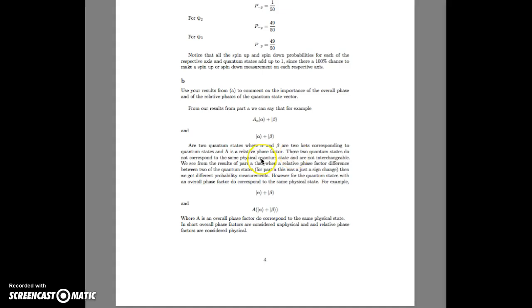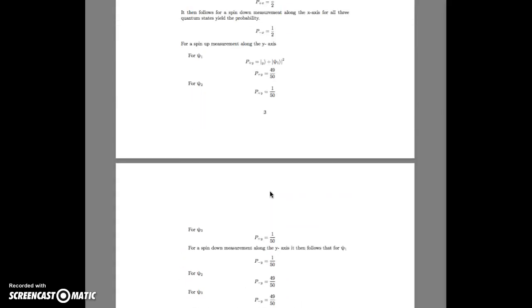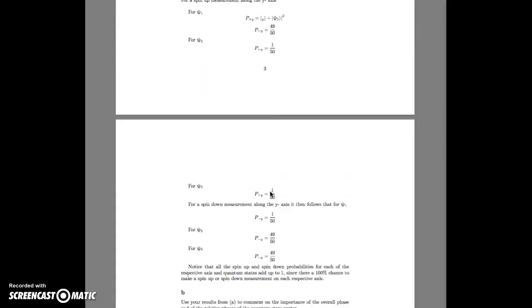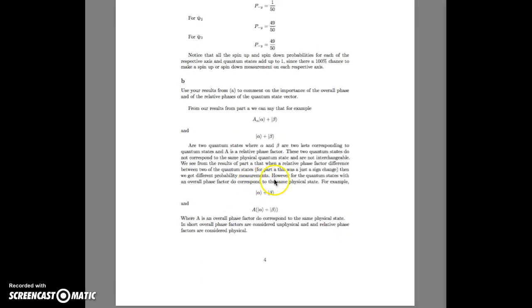These two quantum states do not correspond to the same physical quantum state and are not interchangeable. We see from the results of part A that when there is a relative phase factor difference between the two quantum states, in part A this was just a sign change, then we got totally different probability measurements, and we saw that when we were measuring along the y-axis.